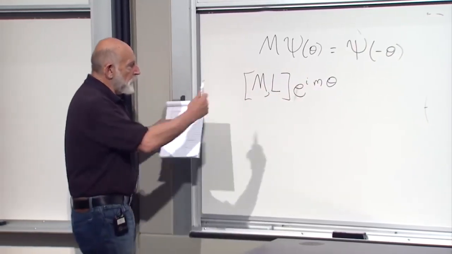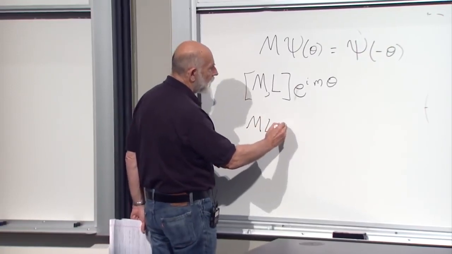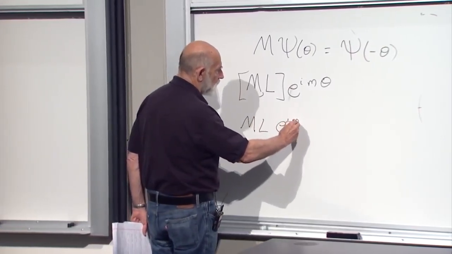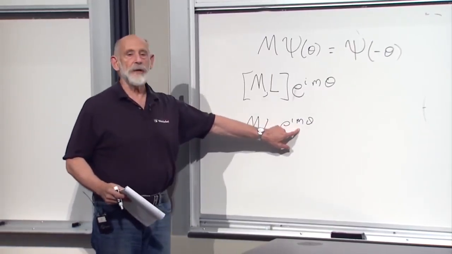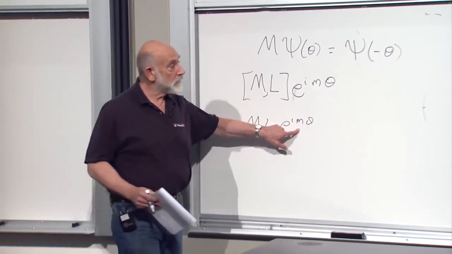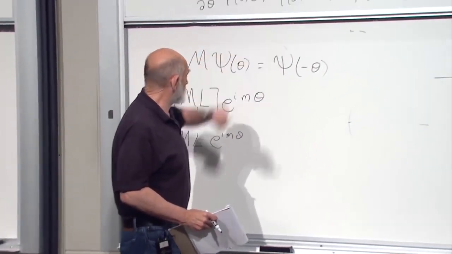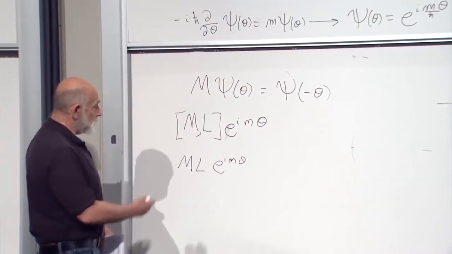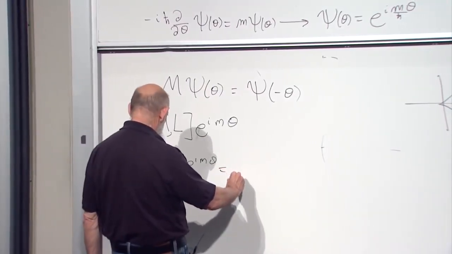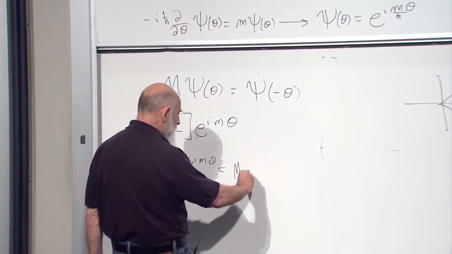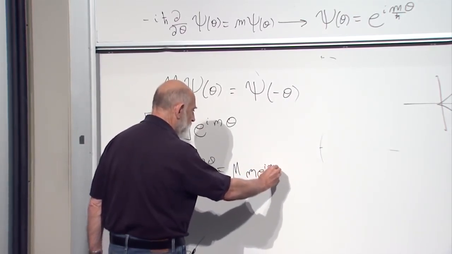Okay, let's see if we can work it out. Let's first do M L e to the i m theta. What does L do when it hits e to the i m theta? It brings an m down. It just brings an m down. So this gives us m times little m e to the i m theta.